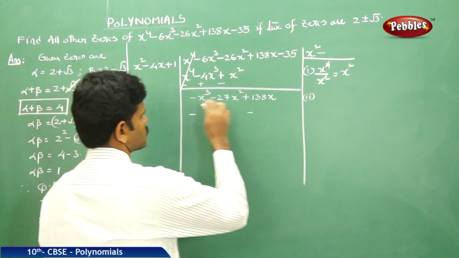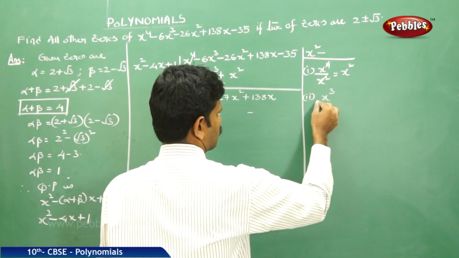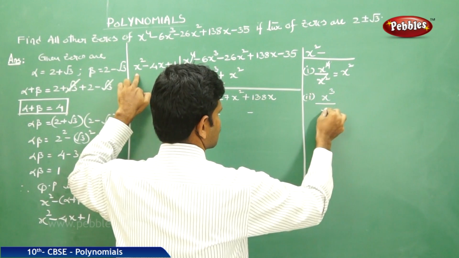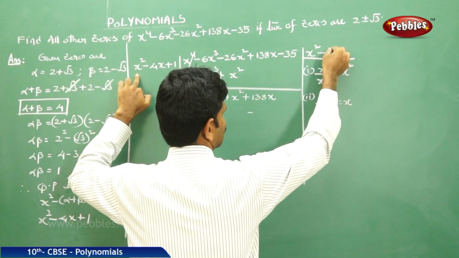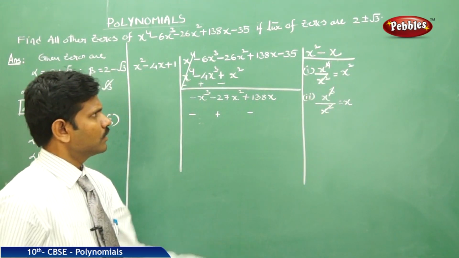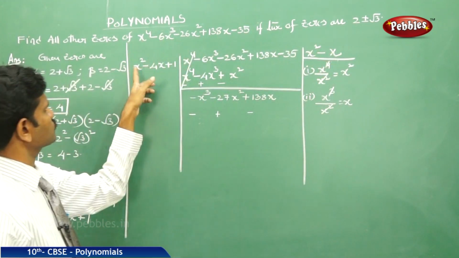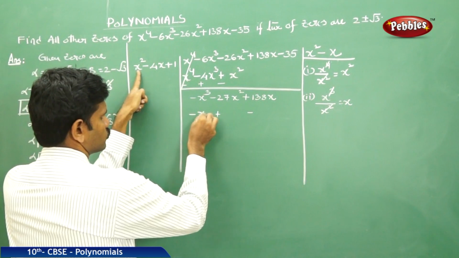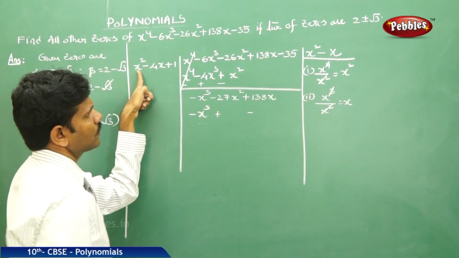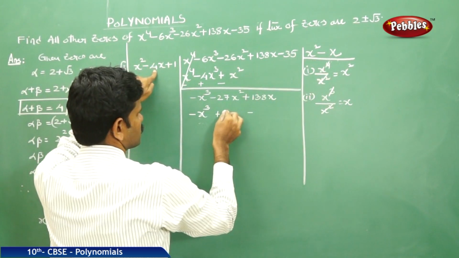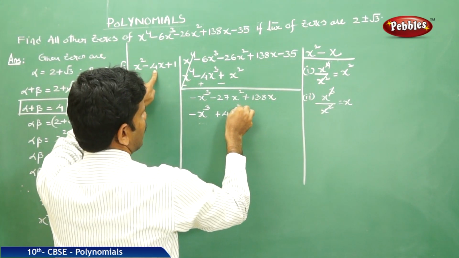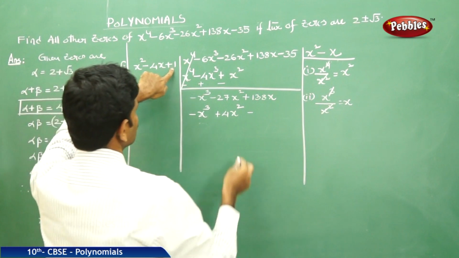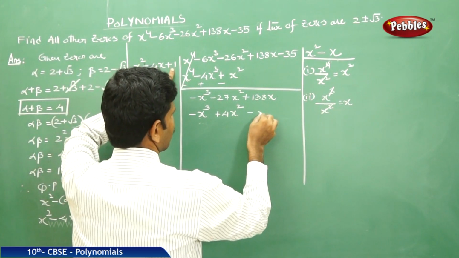Now second cancellation, x cube by x square. X square cube get cancelled, which will give you x. Now x into x square is x cube, x into 4x is 4x square, x into 1 is x.